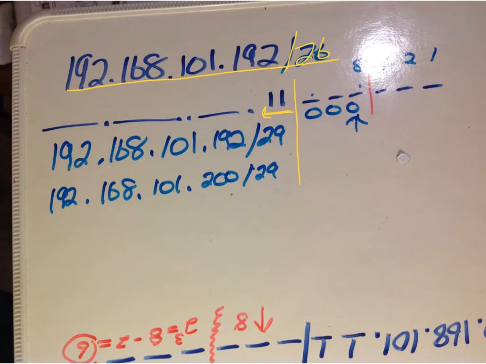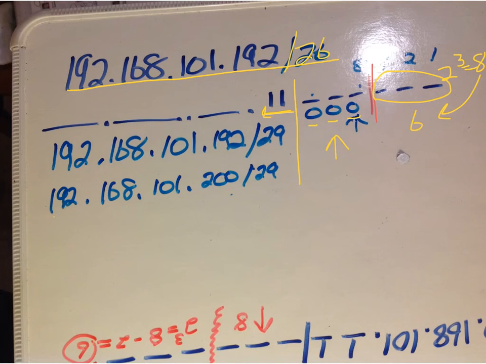Okay, then we said, well, we could borrow 3 more bits, more or less draw the line here now, borrow 3 more bits, and now we can make 8 more networks with 6 hosts, right? 2 to the 3rd is 8, and then we have to subtract 2 off for the network and the broadcast.